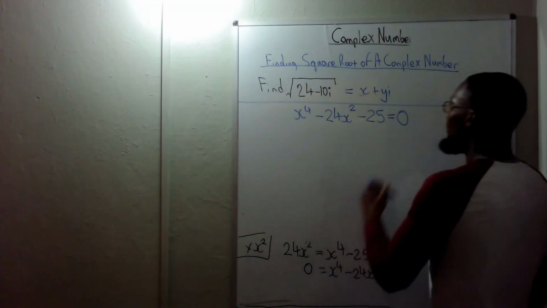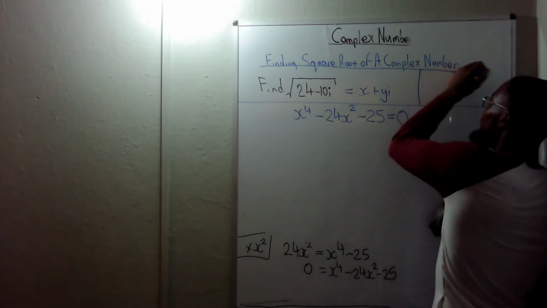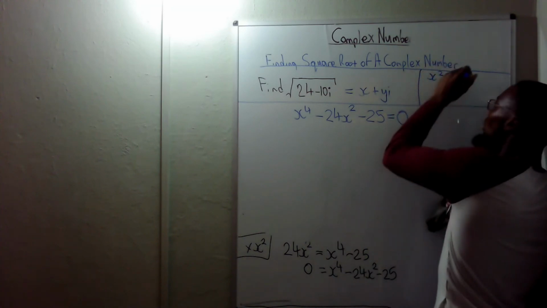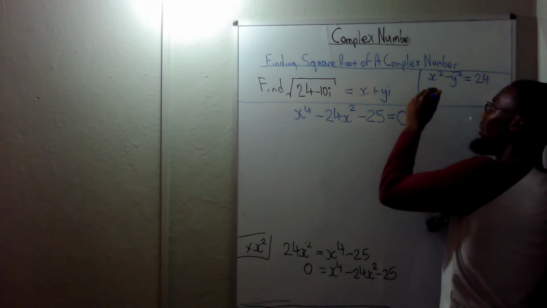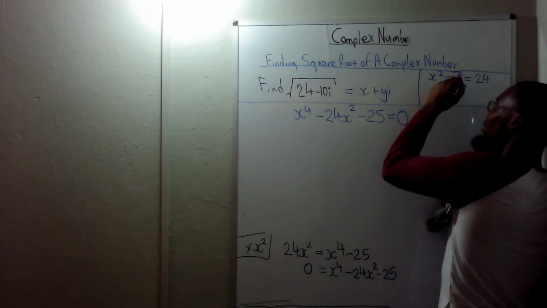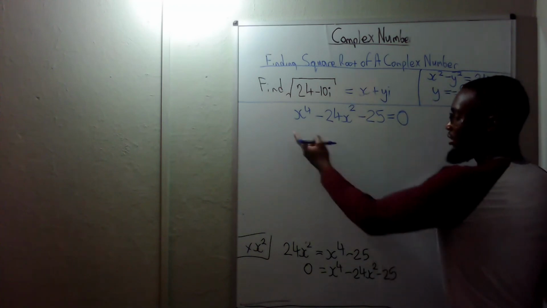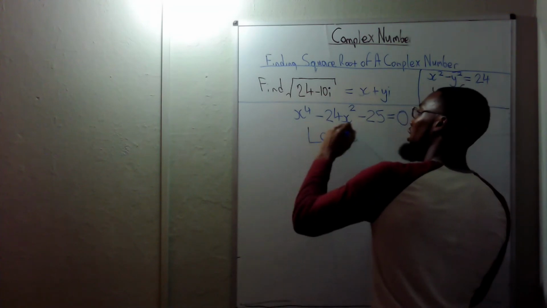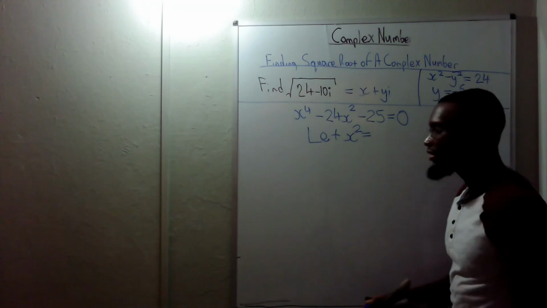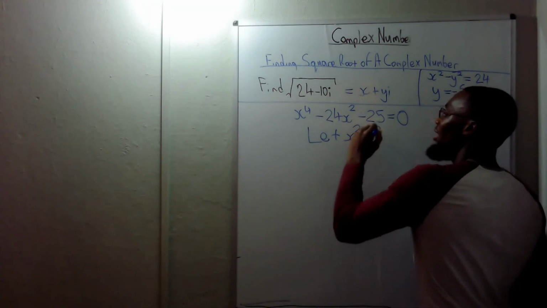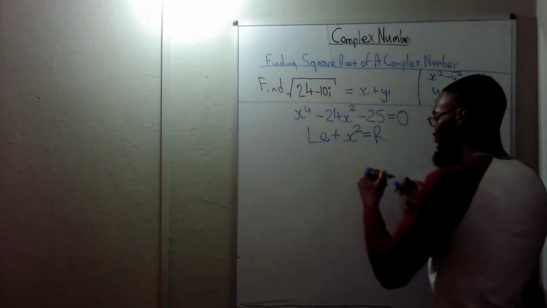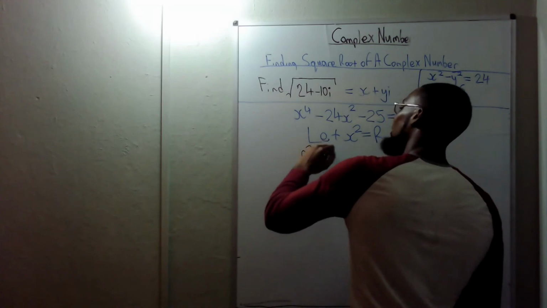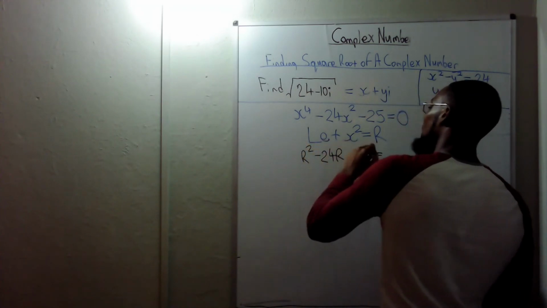Remember, it's from the two equations we had: x squared minus y squared equal to 24, and the second equation led us to y is negative 5 over x. So let x squared be r, and this becomes r squared minus 24r minus 25 equal to 0.